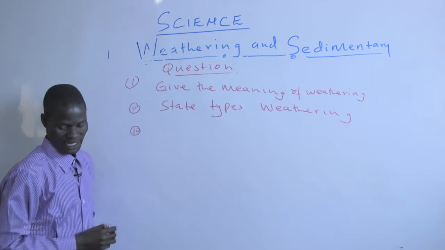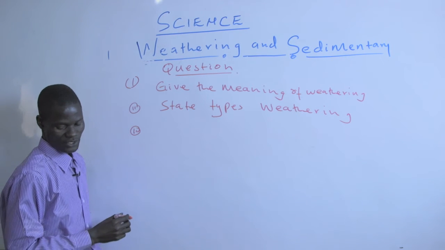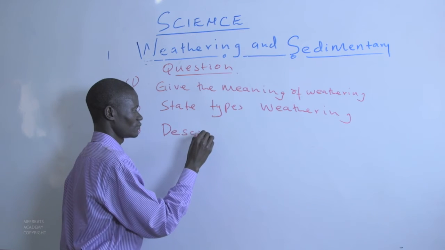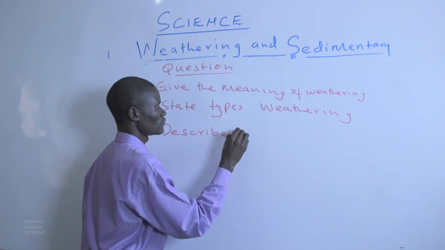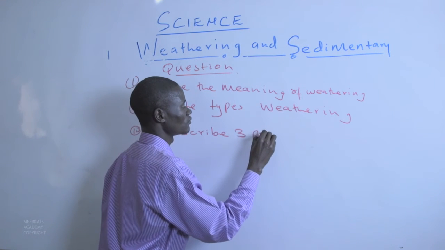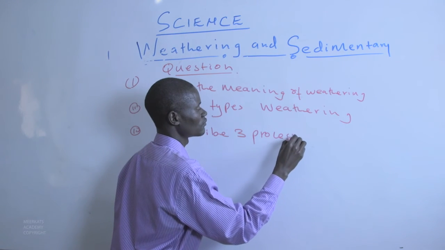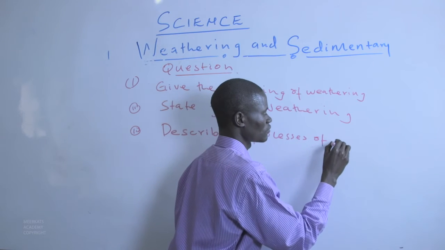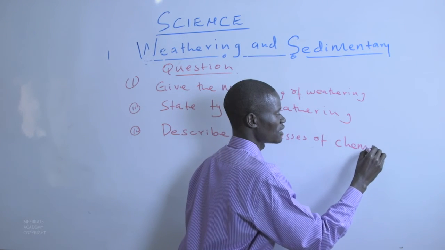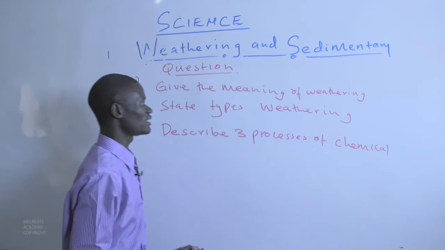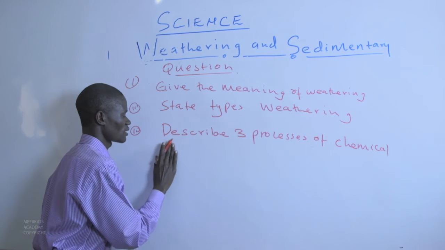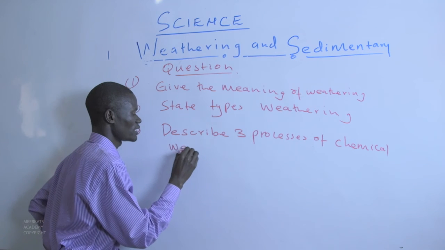And lastly, describe three processes of chemical weathering.